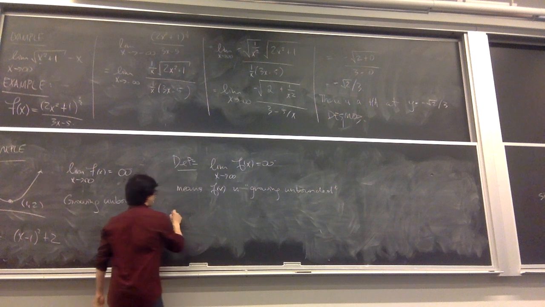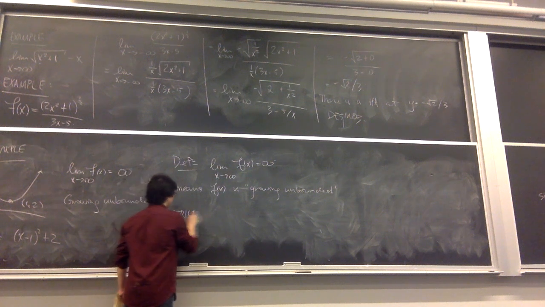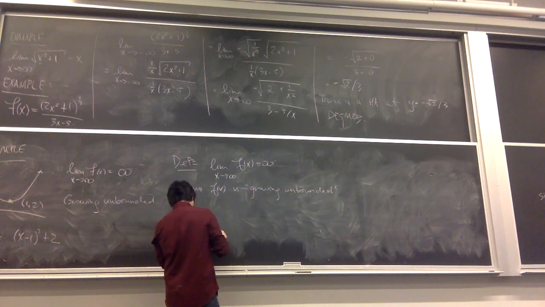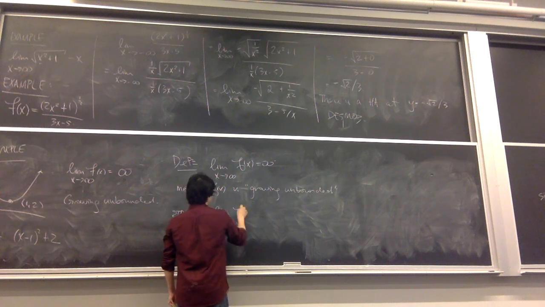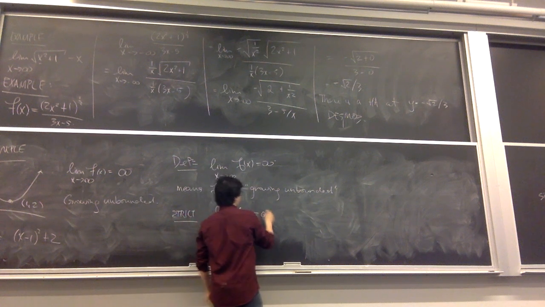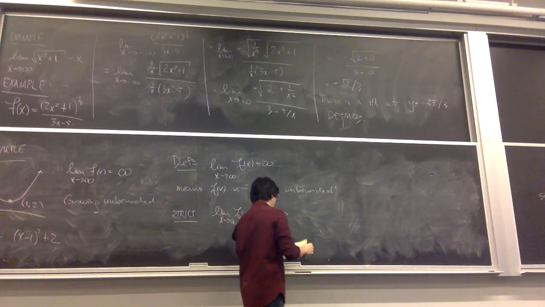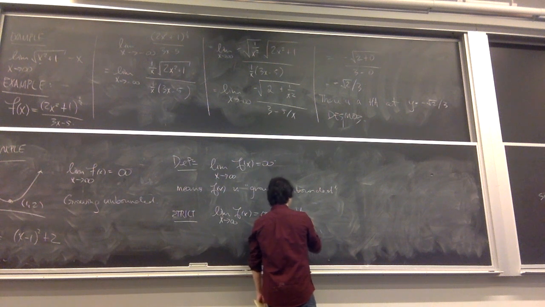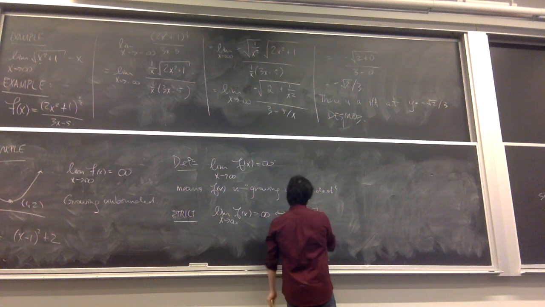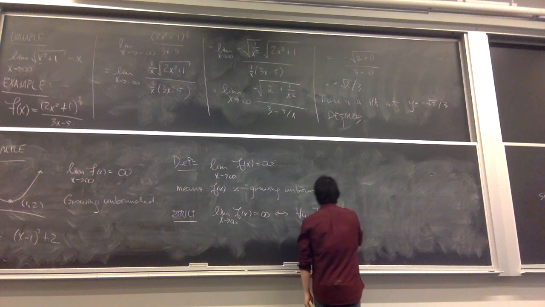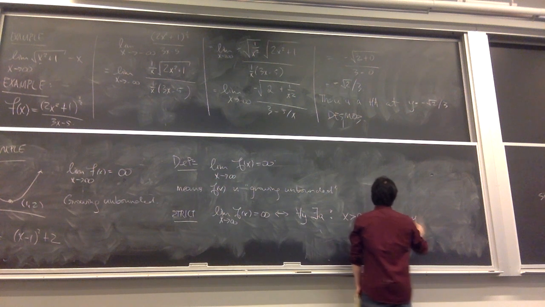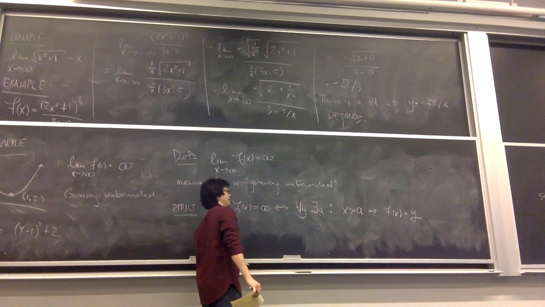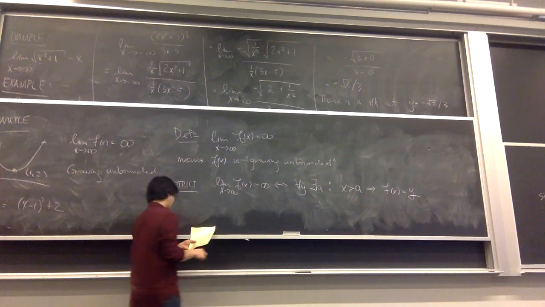Strictly, the limit as x goes to infinity of f of x is equal to infinity when you can pick any number y as big as you want, and I can find a place a on the x-axis such that if x is bigger than a, then f of x is bigger than y. That's the strict definition.